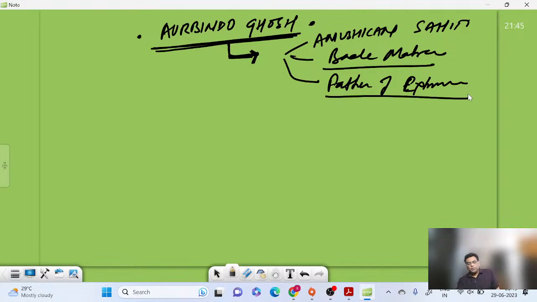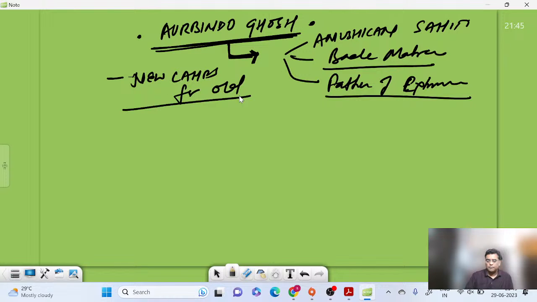Aurobindo Ghosh wrote New Lamps for Old.